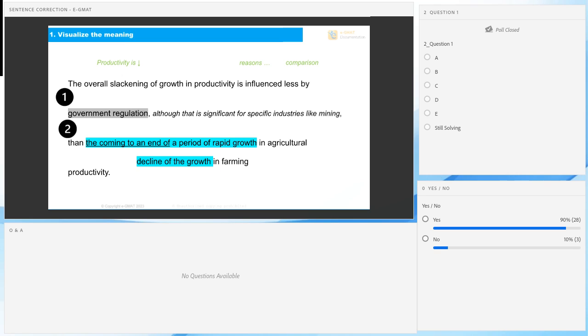Of this growth in farming. Agricultural productivity, whatever I know, I should translate that. Agricultural productivity, I can translate that into farming, right? A period of rapid growth, I can translate that into growth, or excessive growth, or high growth, right? Then the coming to an end, so decline of growth in farming, right? That's what this means. Okay, everybody with me here?